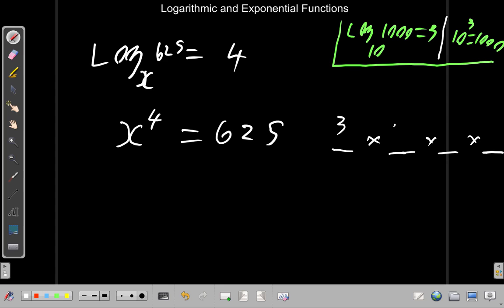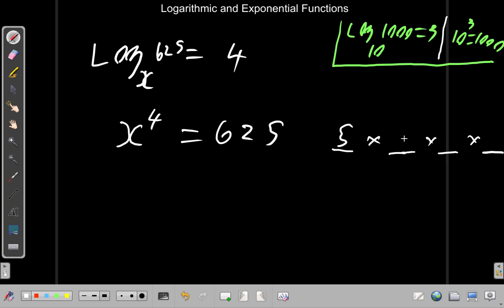Is it 3? 3 3s are 9, 9 3s are 27, 27 3s are 81. No, it's not 3. Is it 4? 4 4s are 16, 16 4s are 64, 64 times 4 ends in 6, and 625 ends in 5. So it's not going to be 4. So we have to try again.